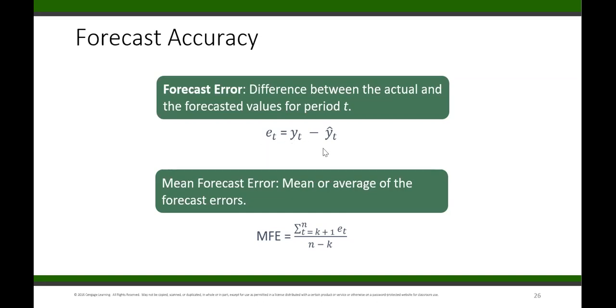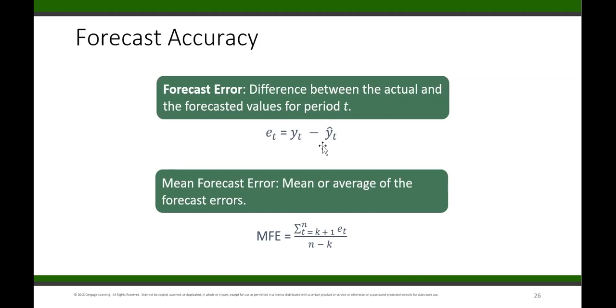All right, so this is forecast error, and we have it for every single period. The forecast error can be negative or positive. If it's negative, it means that we have overestimated the sales or the variable of interest. If it's positive, it means that our forecasting technique has underestimated the sales or the variable of interest, all right?